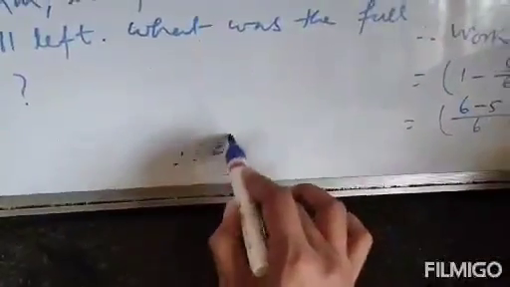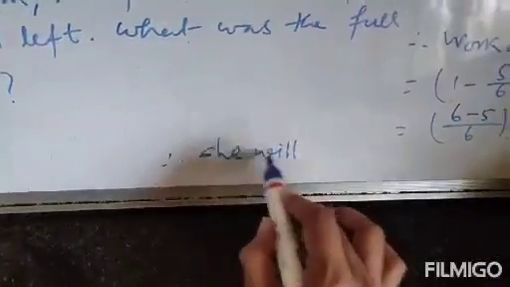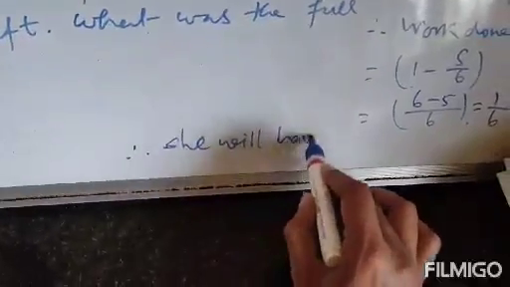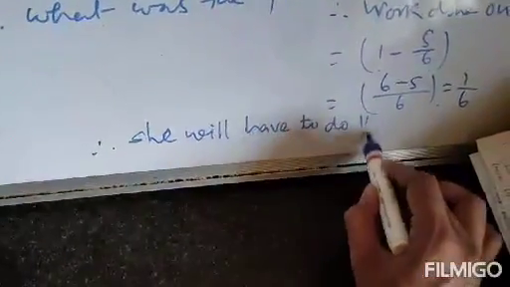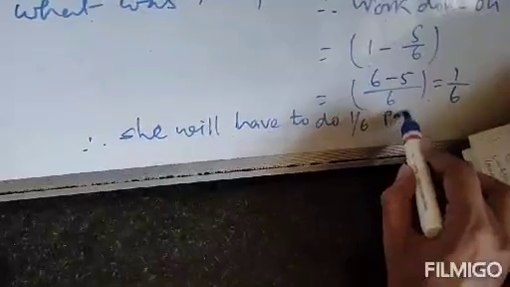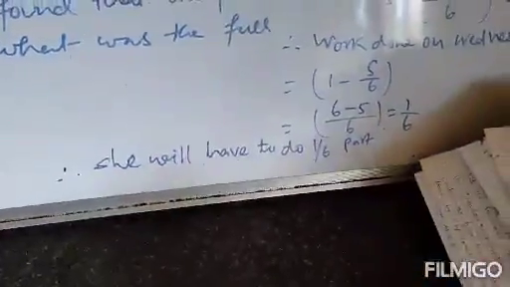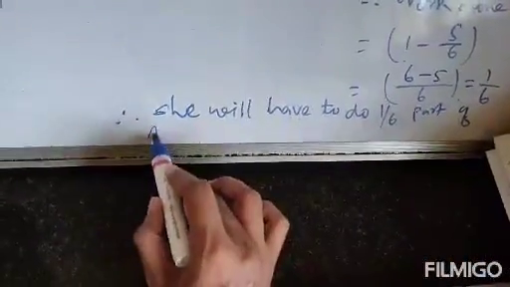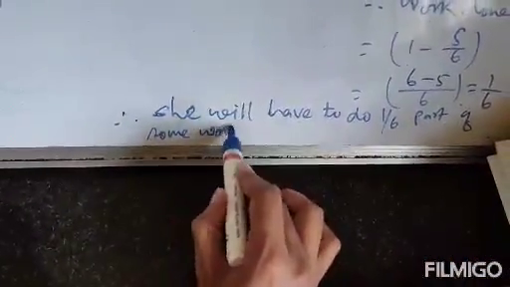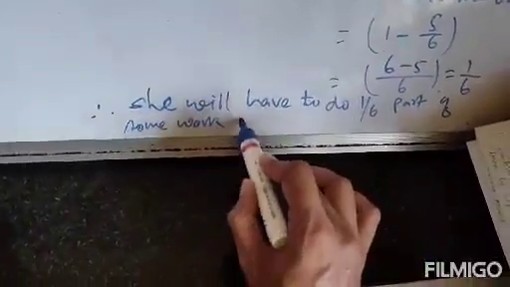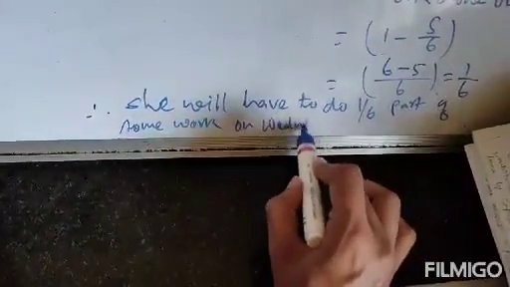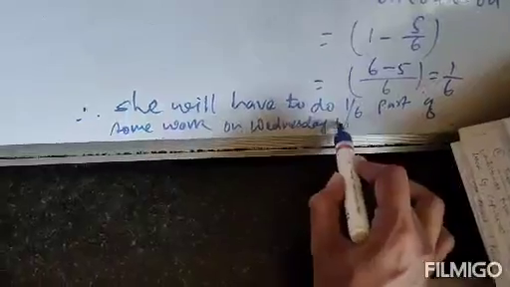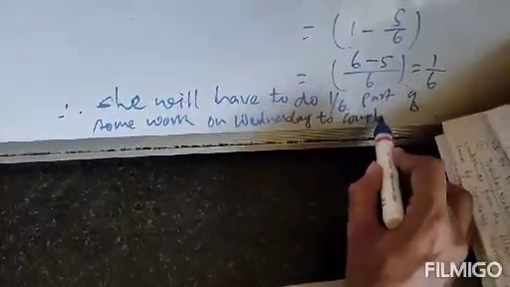So the right answer here: she will have to do 1/6 part of some work on Wednesday to complete the work. Just write it, to complete the work. Clear? Next, so 1/6 is the answer.